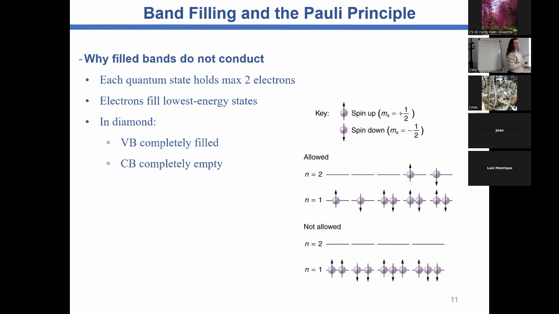This is the reason that diamond, for instance, is very rigid, because there are no empty states. The empty states of the electron are fundamental for electronic devices. And the conduction band is completely empty. So this gives the diamond its mechanical rigidity and also its transparency to visible light.